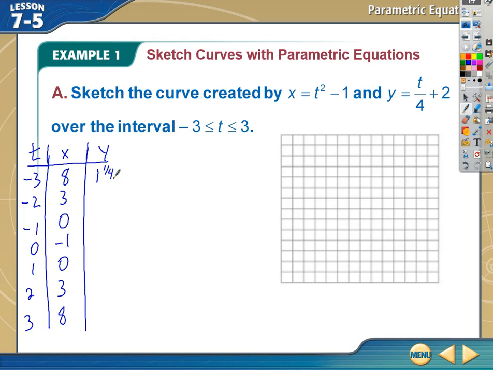Okay, the next one, it's going to be 1 1/2. Next one, -1, plug that in there. It'll be 1 3/4. Plug in 0. It's going to be 2. Notice each one of these keeps going up by a quarter. So this will be 2 1/4, 2 1/2, and finally 2 3/4.